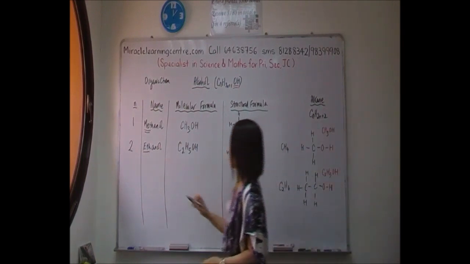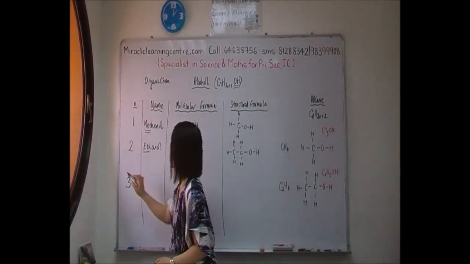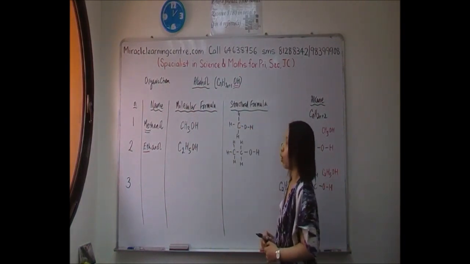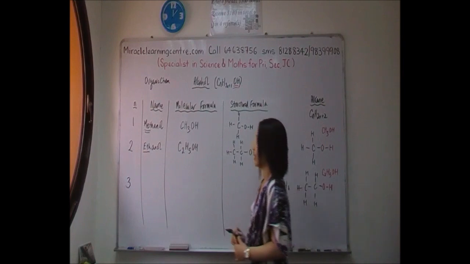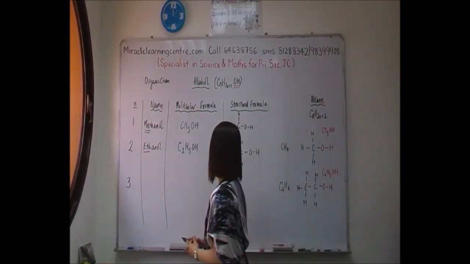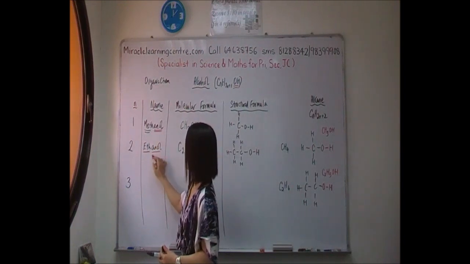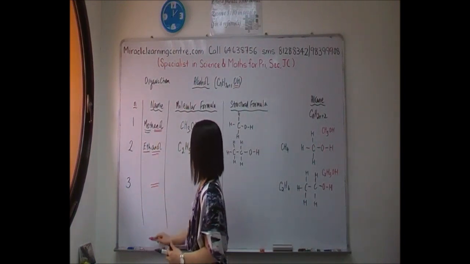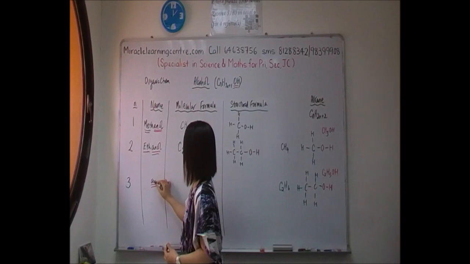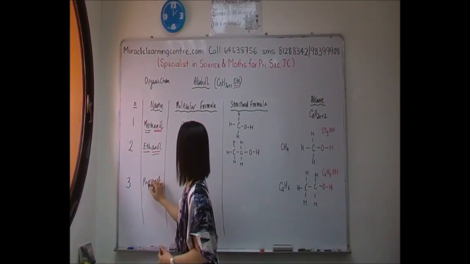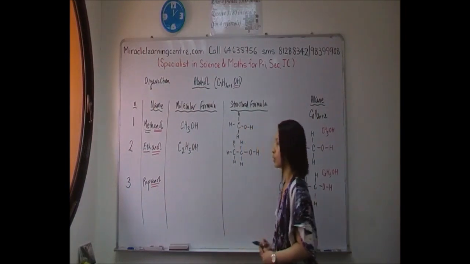And similarly, for 3 carbon, what is the name for 3 carbon alcohol? 3 carbon alcohol is pro and ends with anol. You notice they all end with anol for alcohol. So it's actually propanol.